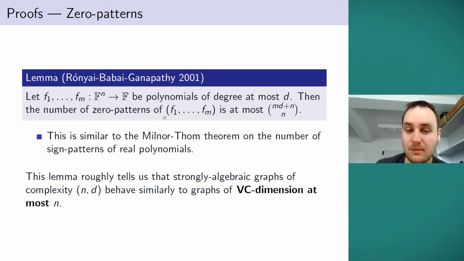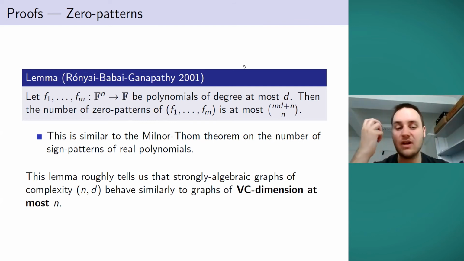But why is this lemma useful for us? It roughly tells us that if we have a strongly algebraic graph of complexity NDM, then it behaves very similarly to a graph of bounded VC dimension. Sorry for all these definitions, but now I have to talk a bit about what it means for a graph to be of bounded VC dimension.